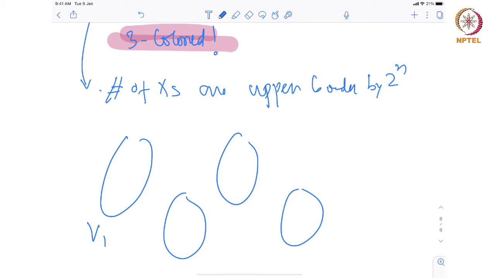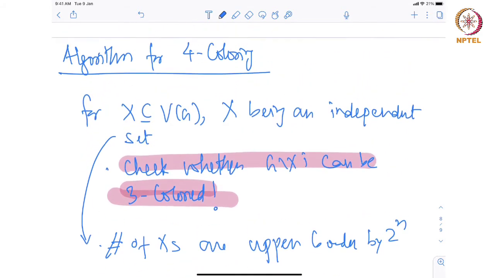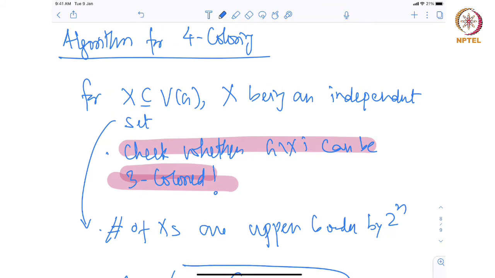Once I have guessed V1, in the remaining V2, V3 and V4, the graph is 3 colorable. In the first case we had 2 to the power n and we could do this checking in polynomial time, but now we cannot do this. But for this we have an algorithm with running time 2 to the power n.